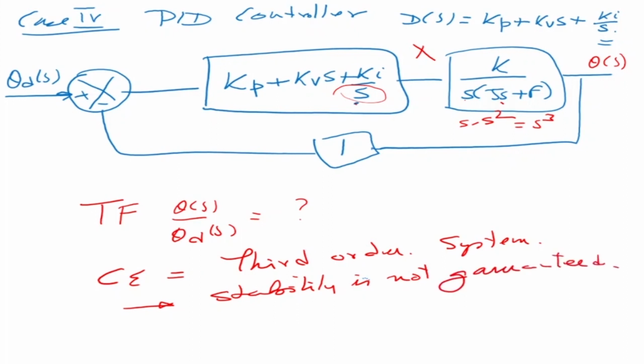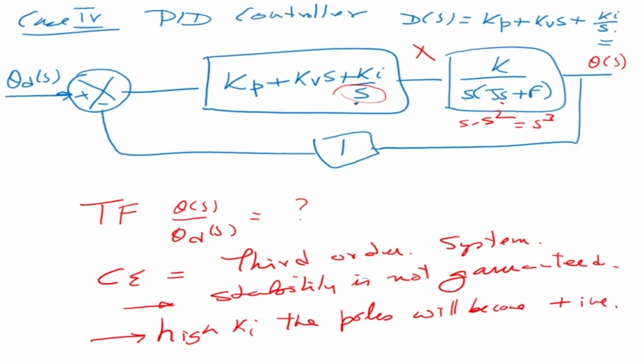Now because stability is not guaranteed, if we end up putting a very high integral gain Ki, then what will happen? The poles will become positive. That means they will go to the right of the j omega axis.